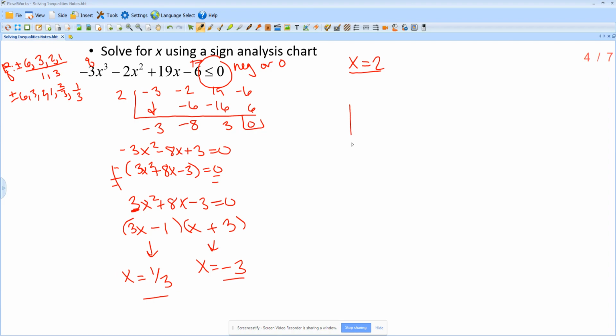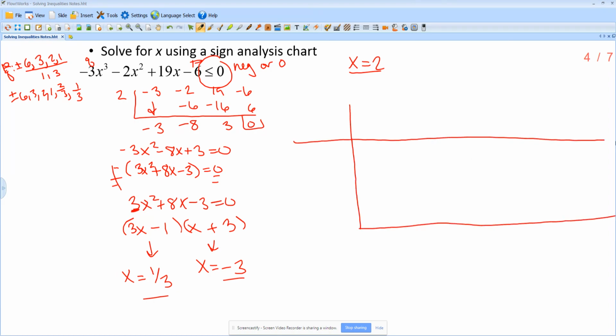When I set up my sign analysis table, I'll need a relatively big table because I have 3 different factors. I have the factor that comes from 2, which would be x minus 2. I have the factor here, 3x minus 1. And I have the factor here, x plus 3.